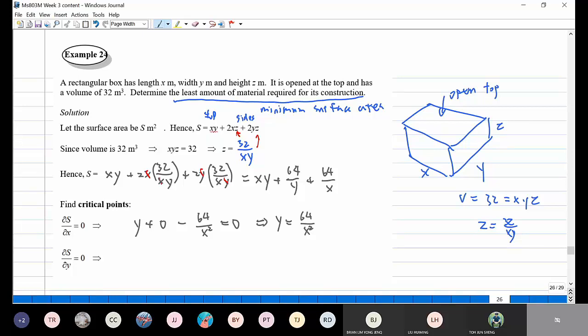How about the other equation? The derivative with respect to y equal to 0. So you should get x here, then minus 64 over y squared, equal to 0. Differentiating y with y, you get 0 again. That means x equal to 64 over y squared.